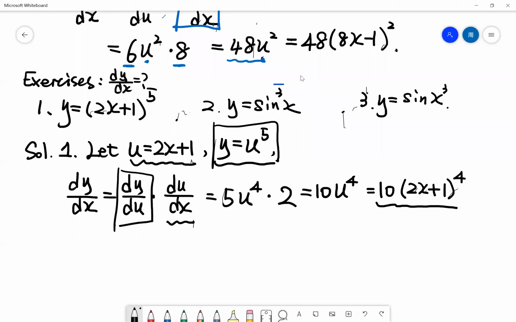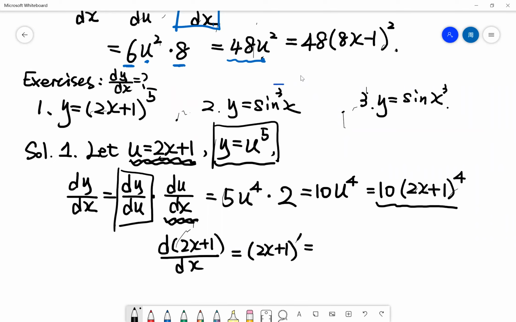Can you understand, guys? Do you have any questions? Yes, how can I get 2? Because we let u equal 2x plus 1, so du by dx means d(2x plus 1) by dx, or you can write (2x plus 1) prime.